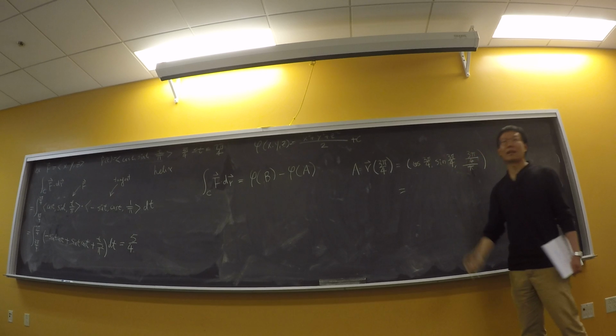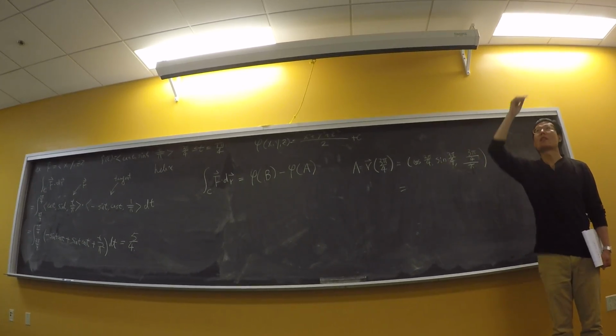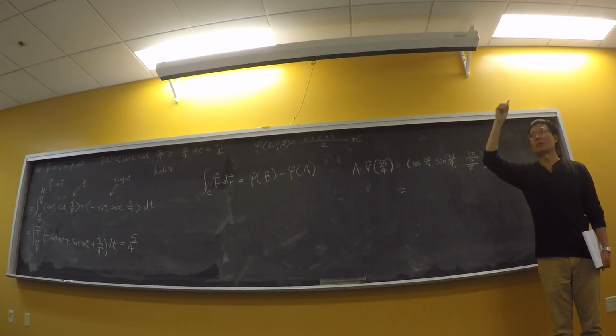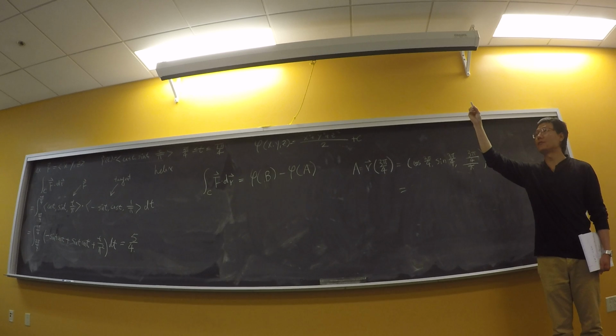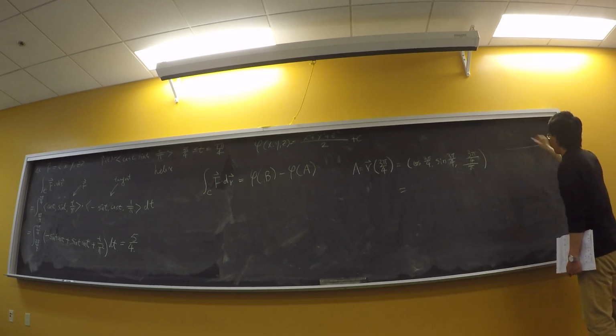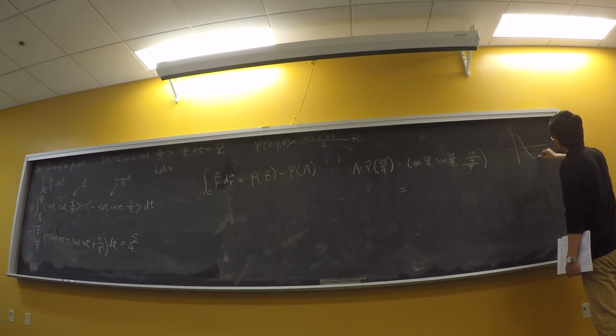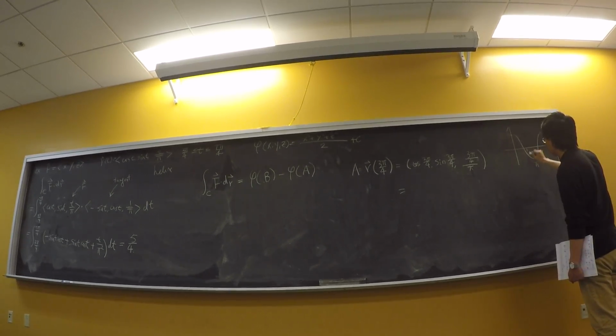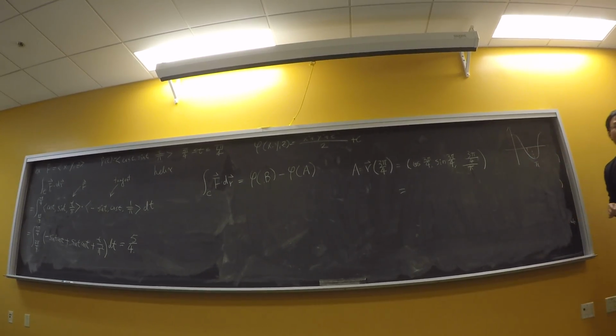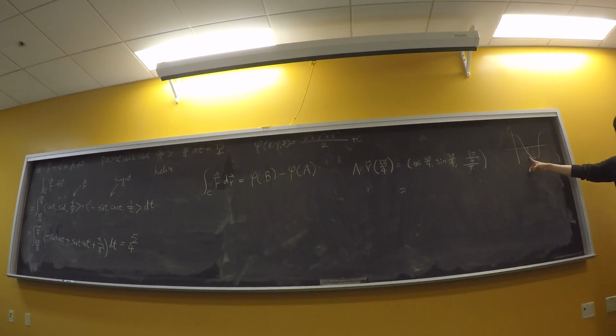What is cosine 3 pi divided by 4? This is my curve, this is pi, 3 pi divided by 4 should be right here. It's going to be minus square root of 2 divided by 2.